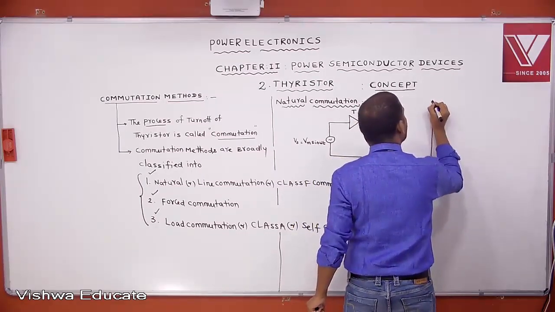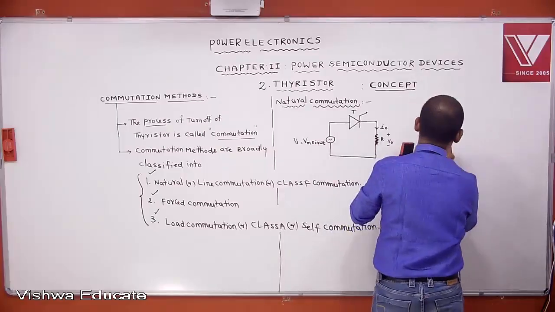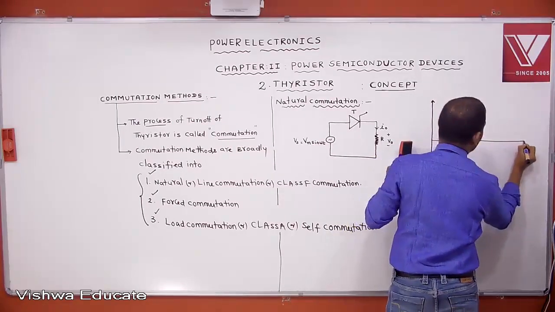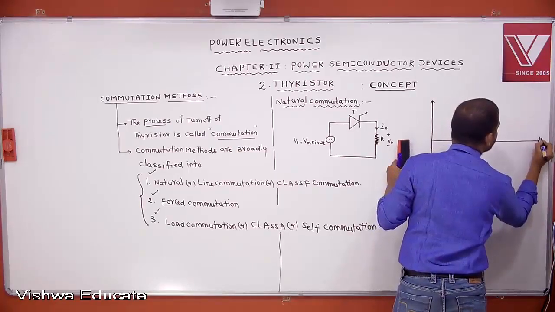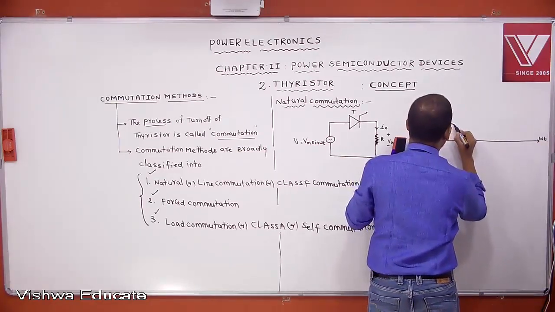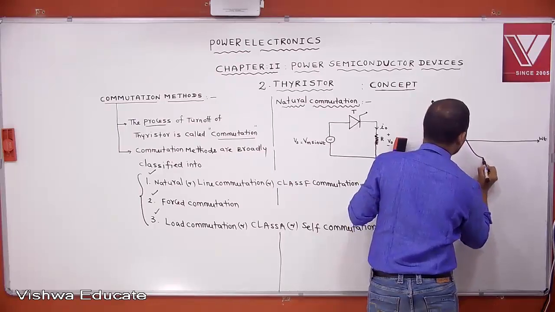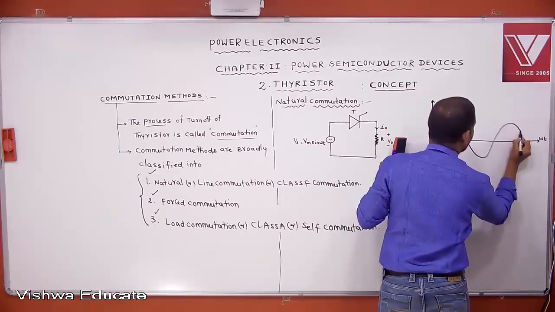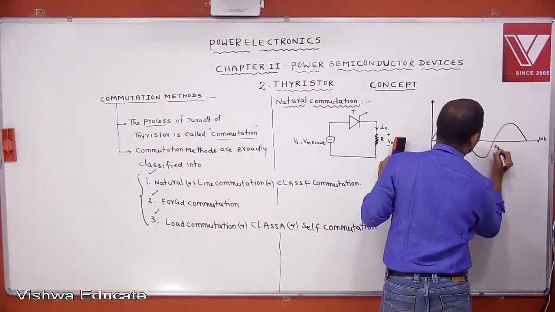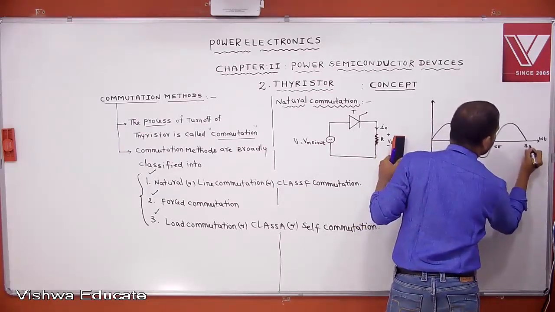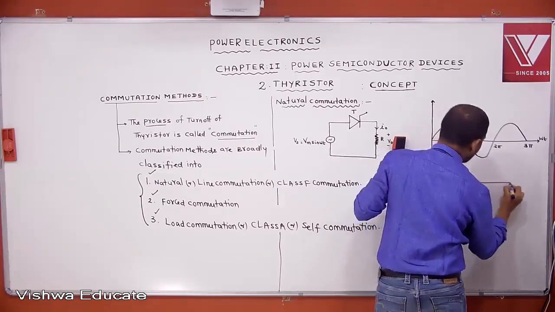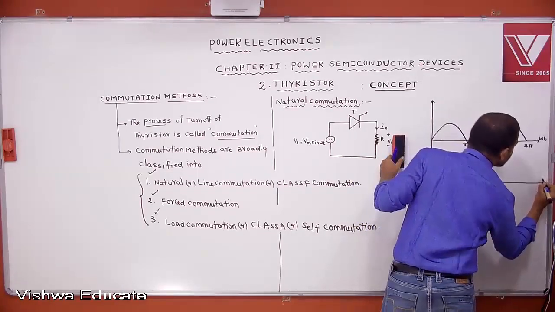Parallelly, note down these waveforms and the circuit. Let the input be purely sinusoidal. This is the omega t axis, and let these be pi, 2 pi, 3 pi. I am explaining the concept for a resistive load.